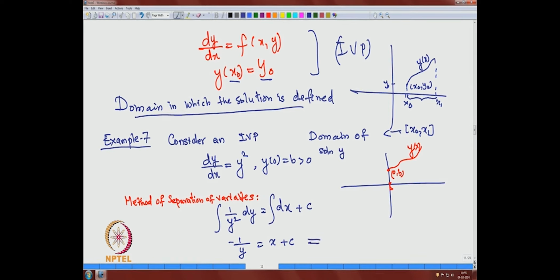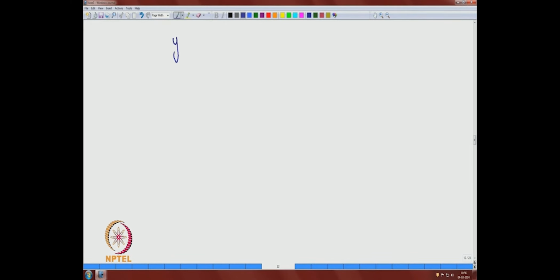So, just by simplifying you get y is equal to minus 1 by x plus c.